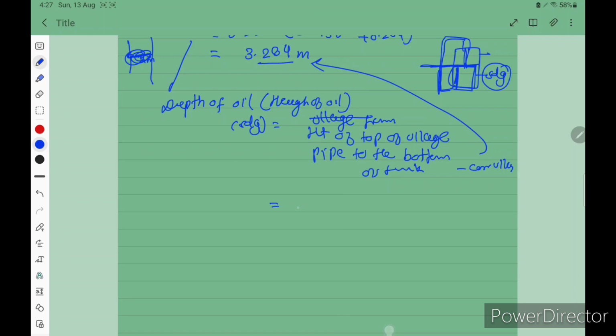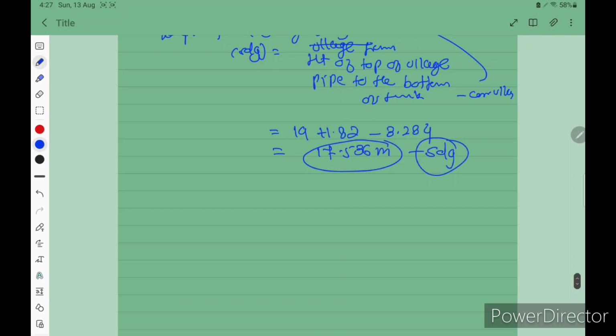So height is 19 meter plus we have 1.82, which is top of the tank. Okay, so we use that one also. So 1.82, and we subtract corrected ullage 3.284, so we get 17.536 meter. Now this is for volume, so you can say sounding of oil. Okay, depth of the oil, whatever you want to say.